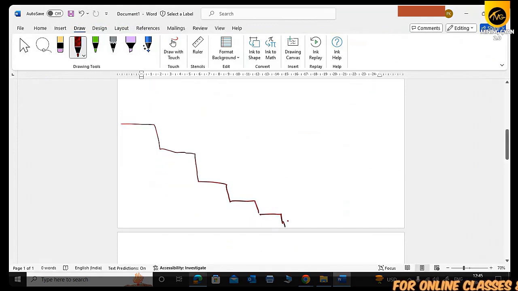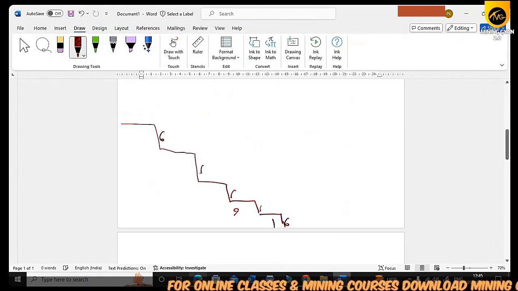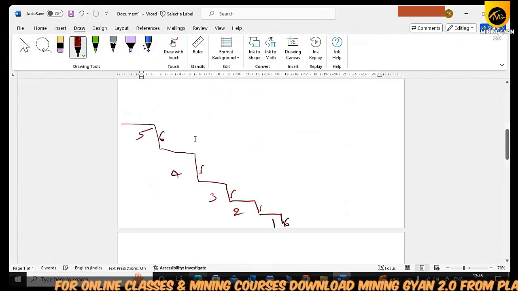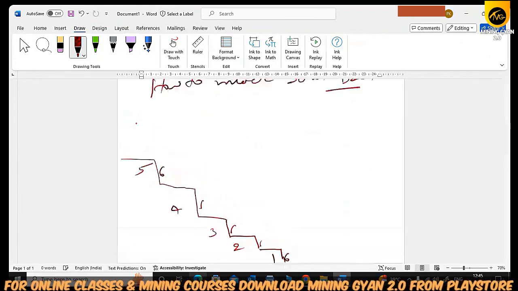Let's consider 6 meter bench heights: 6, 6, and 6. So how many benches? One, two, three, four, five. So how much is it? It is 30 meters high.